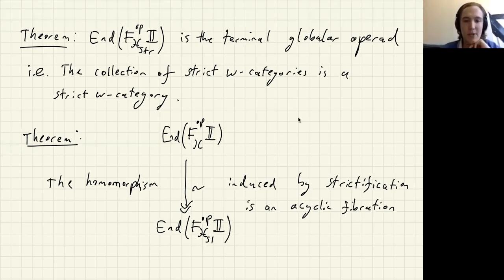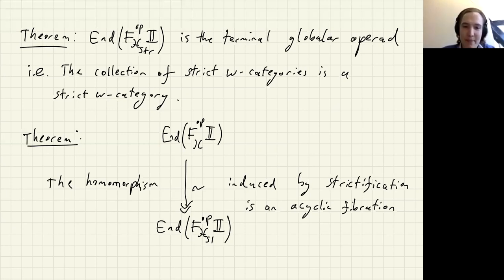So because that object is really nice and it's cofibrant, and also the strictification maps, as already proved for the internal case, are acyclic fibrations, what that lets us do is transfer this homotopy theoretic result from inside the globular multicategory to outside the globular multicategory.